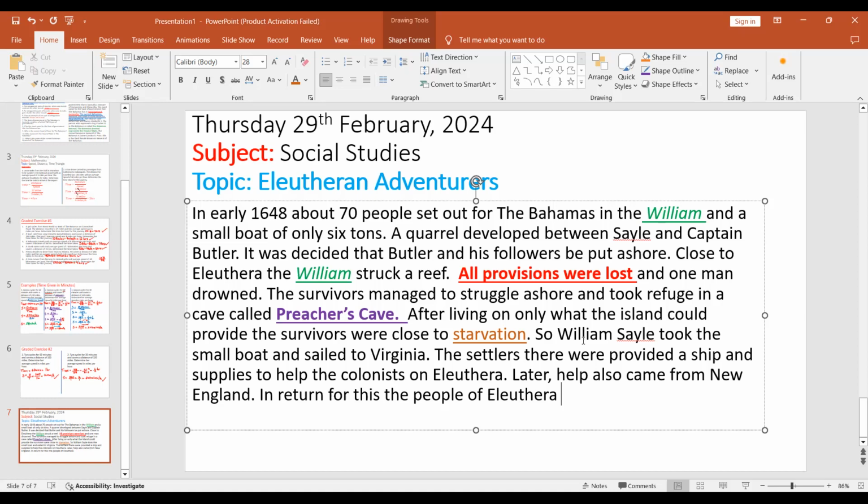In return for this, the people of Eleuthera sent 10 tons of Brazilletto wood. That's the wood that they have on the island. The money this raised was used to build, interestingly enough, Harvard College.